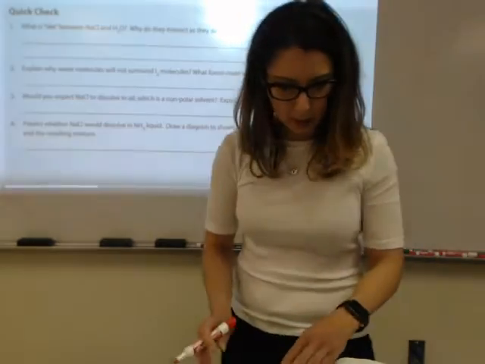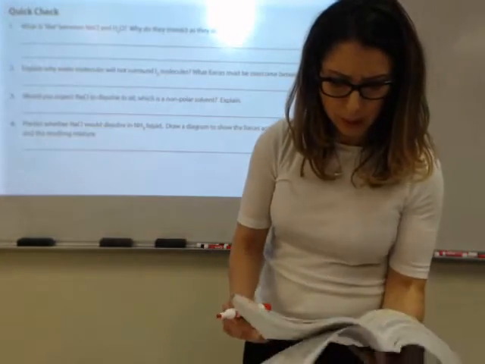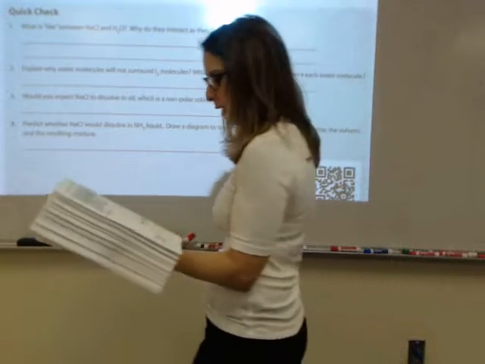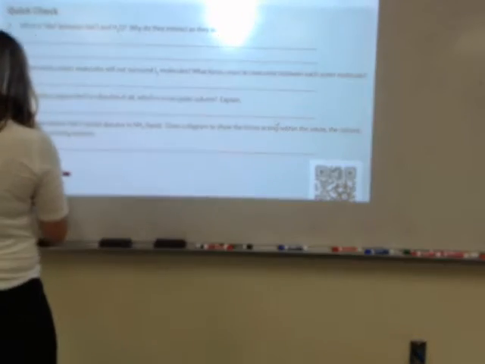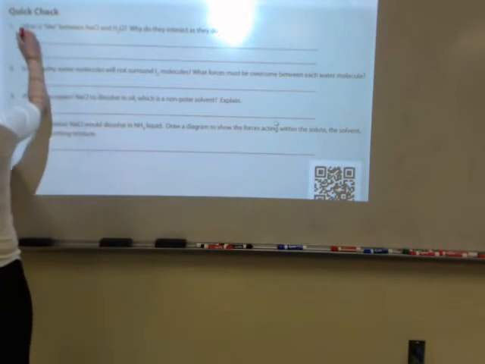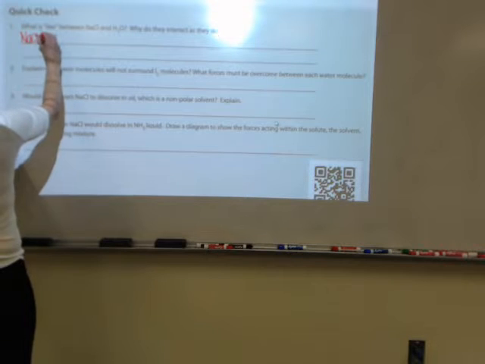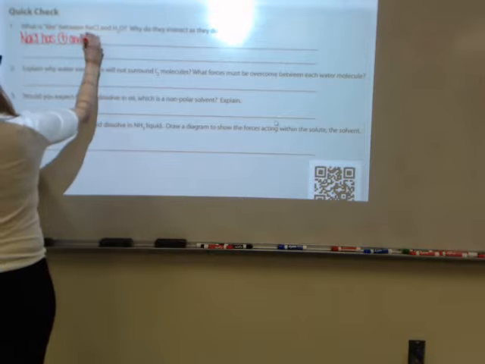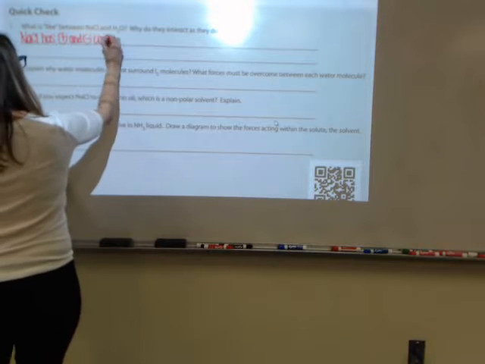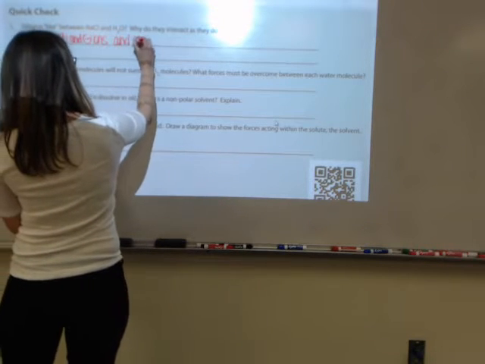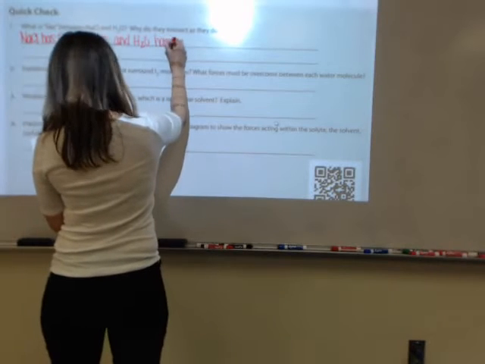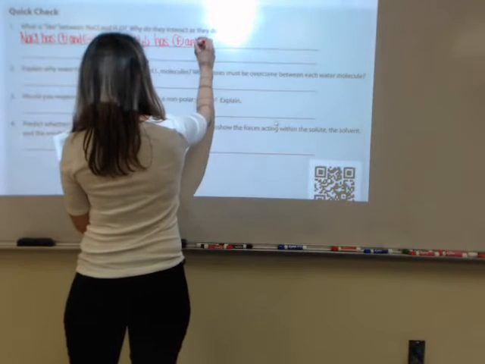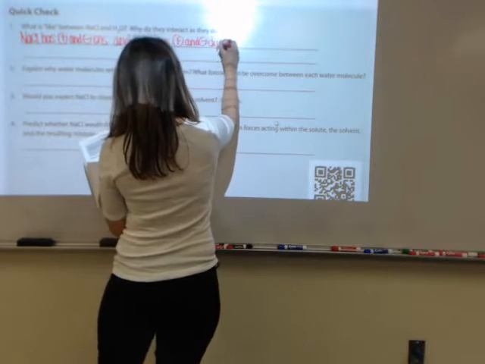Question number 1 says, what is it like between sodium chloride and water? Why do they interact as they do? So sodium chloride has positive and negative ions, and water has positive and negative dipoles.